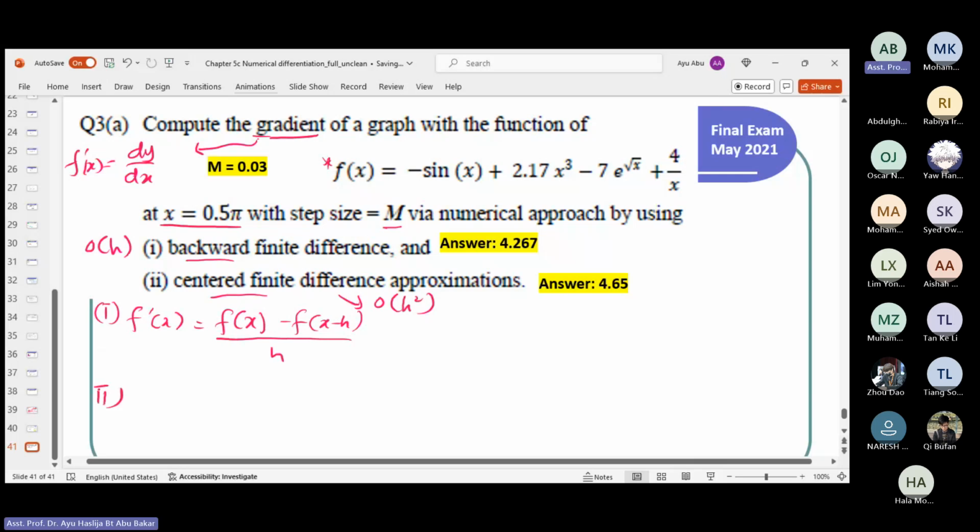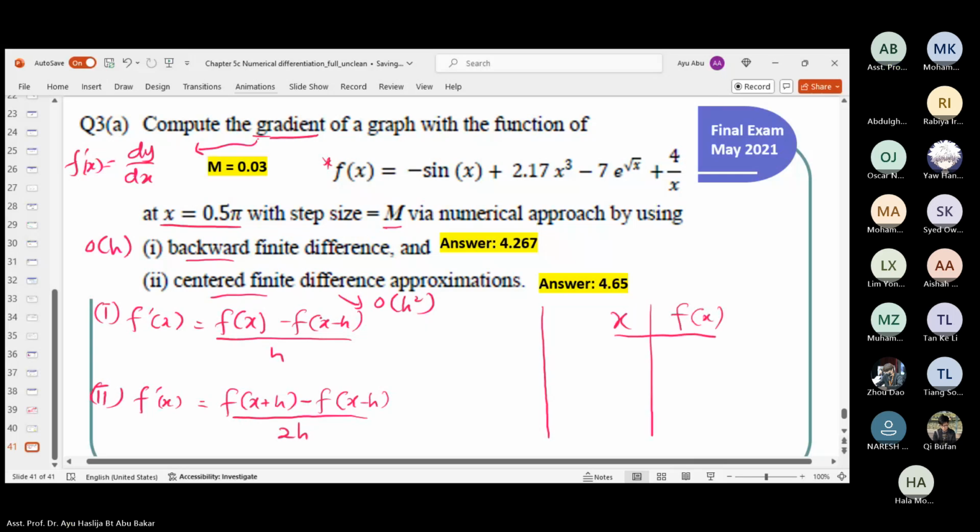Okay, centered. So these are the data that you require. Okay, find out your data, find your f(x) and x. One step backward, one step forward. Okay, so your x minus h, x plus h. x is 0.55.